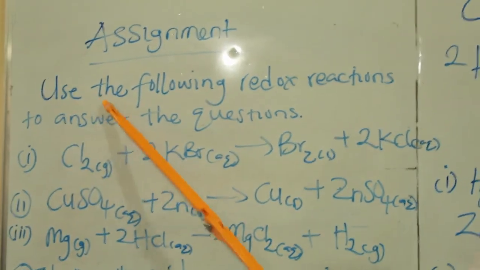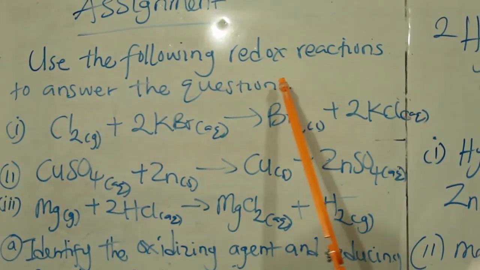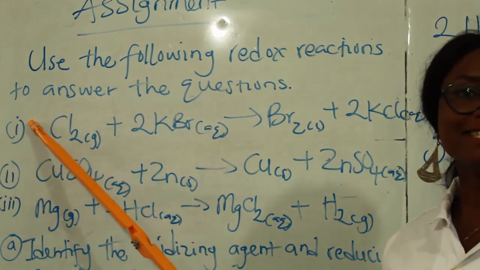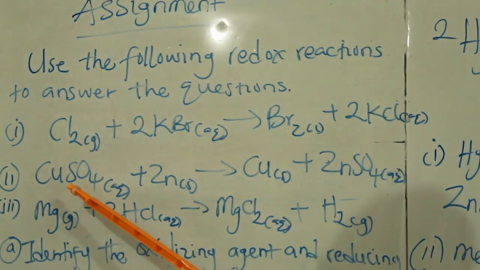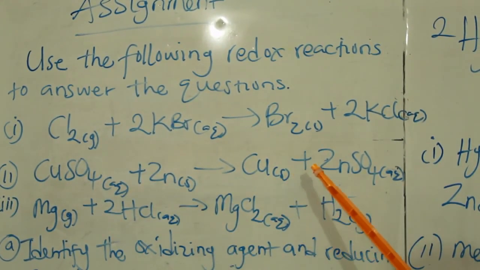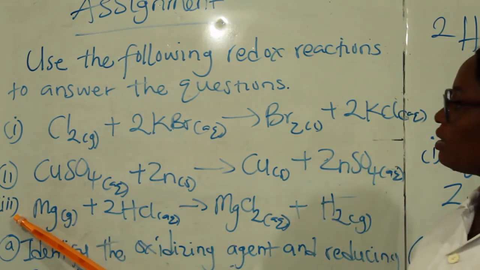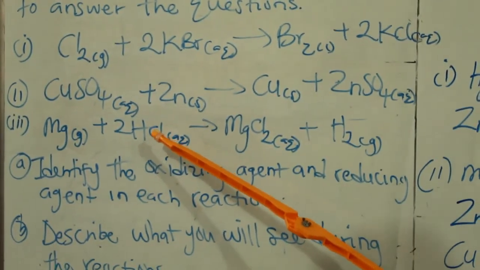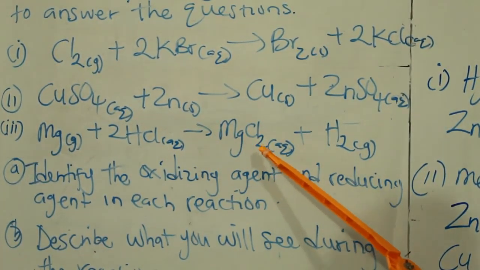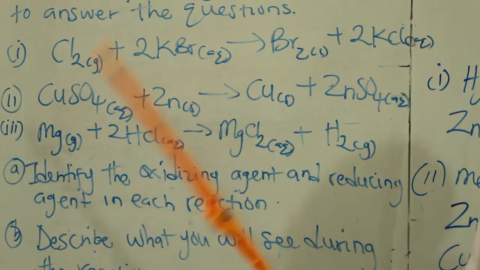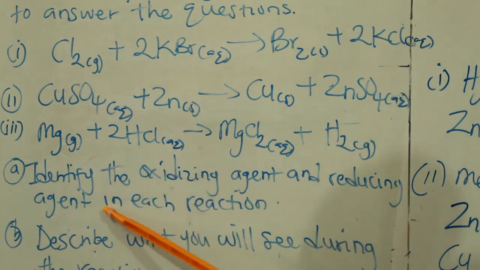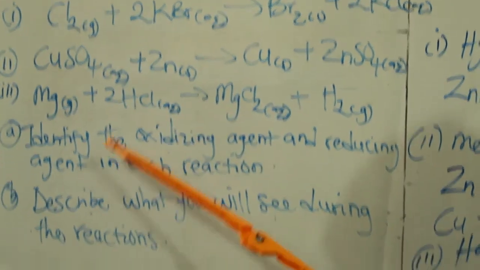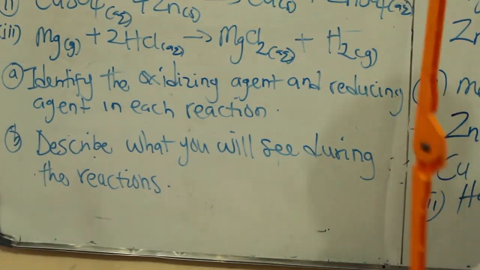It reads: use the following redox reactions to answer the questions. 1, chlorine gas plus potassium bromide produce bromine plus potassium chloride. 2, copper sulfate plus zinc produce copper and zinc sulfate. 3, magnesium plus hydrogen chloride produce magnesium chloride plus hydrogen gas. A, identify the oxidizing agents and reducing agents in each reaction.